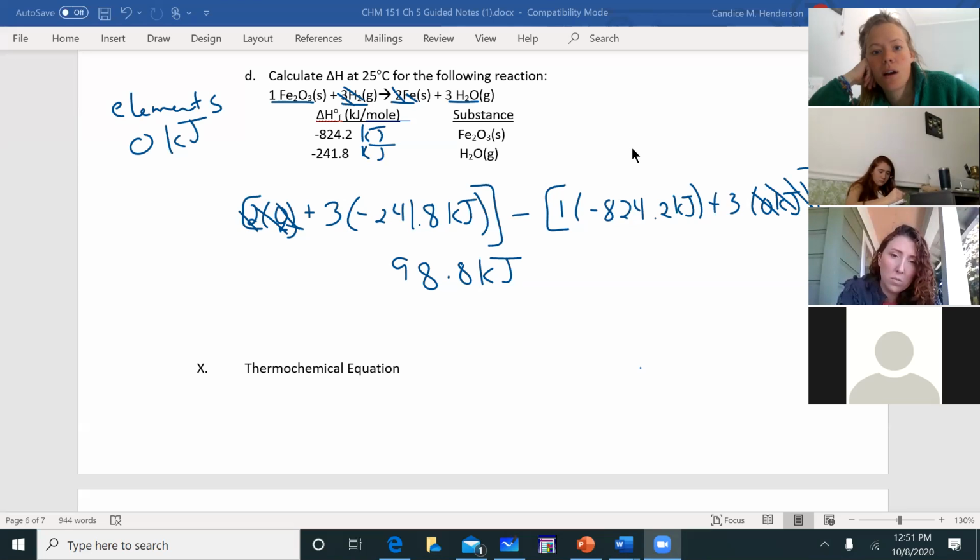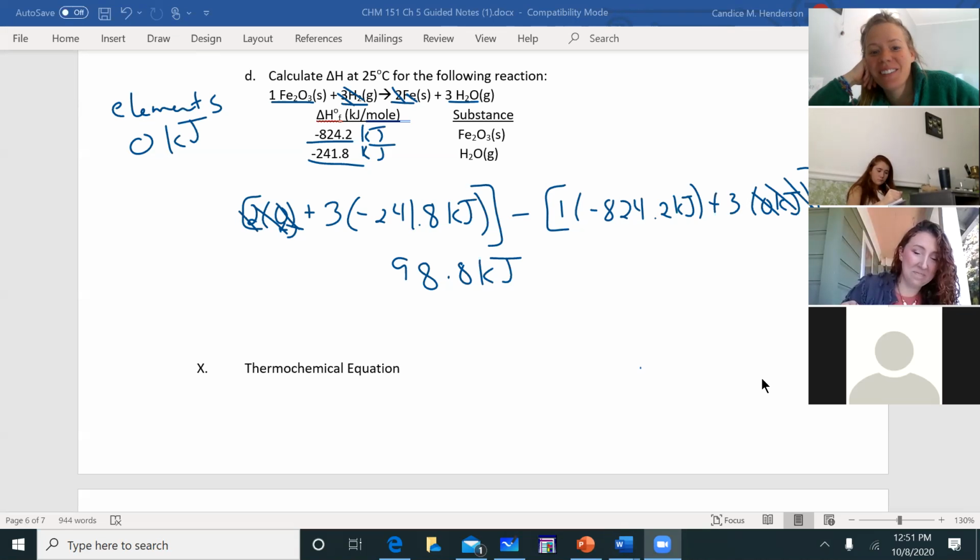Where are the numbers that aren't zeros coming from? Right here. And if they aren't given to you directly there, they would be in an appendix for delta H of formation. Oh, okay. Hopefully that helps.